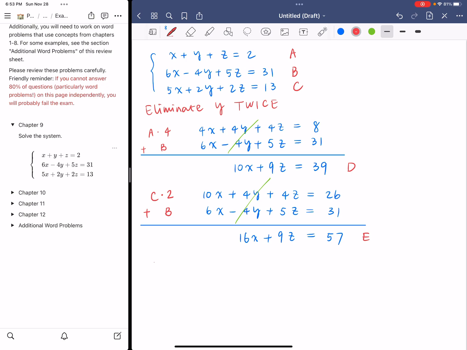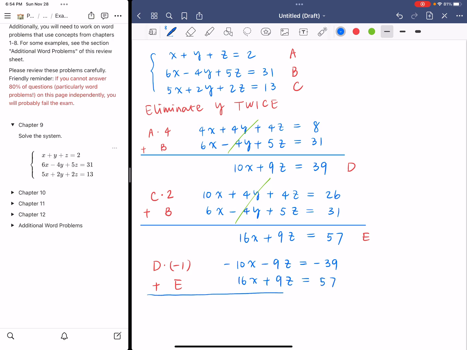Let's do equation D. I'm going to multiply equation D by negative 1. And that will give me negative 10x, negative 9z equals negative 39. Equation E, I'm going to keep it. I'm not changing that. So equation E is 16x plus 9z equals 57.